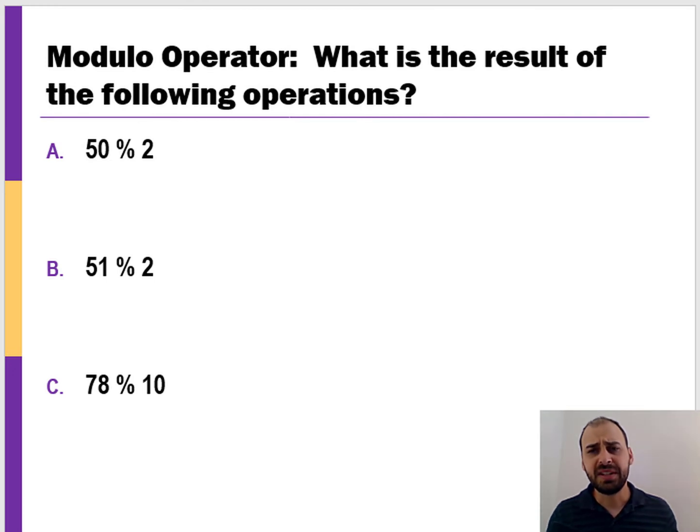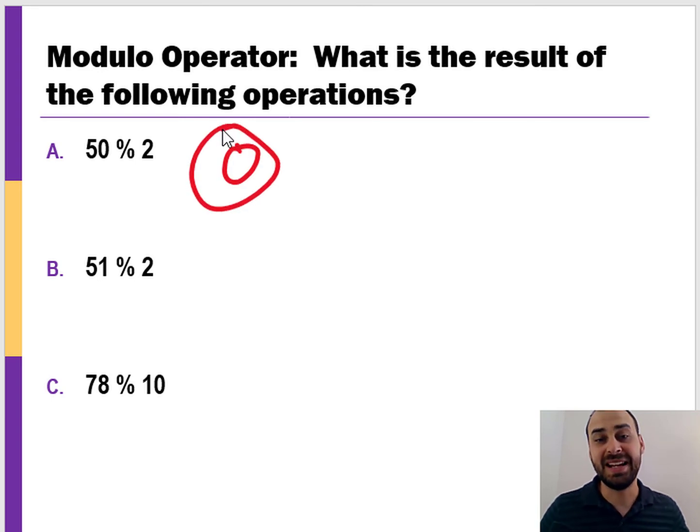So here, let's look at a couple of real examples. If we're taking 50 mod 2, well, 50's even. One way we can use this is to determine odd or even numbers. 50 mod 2 gives a result of 0, which indicates that 50 is indeed an even number.